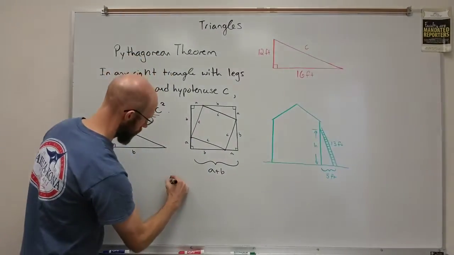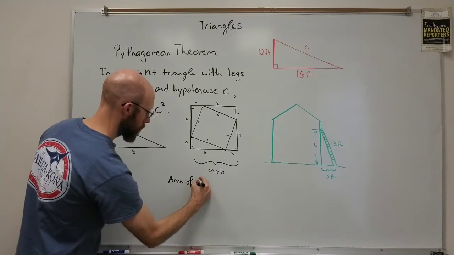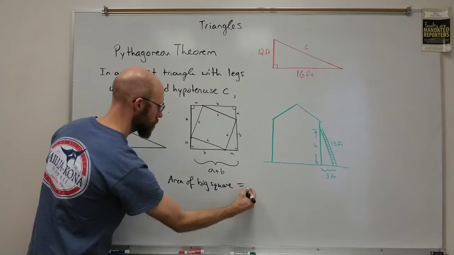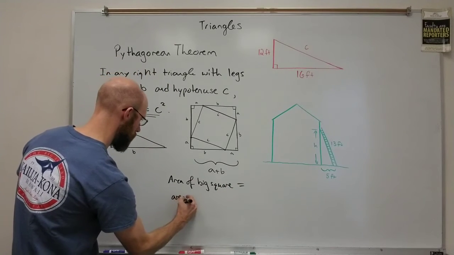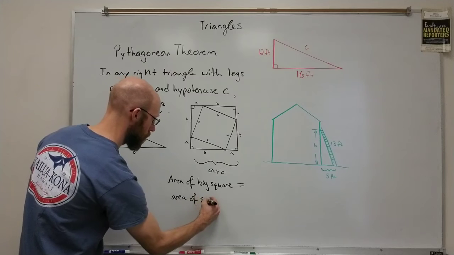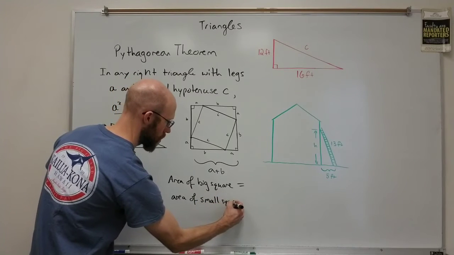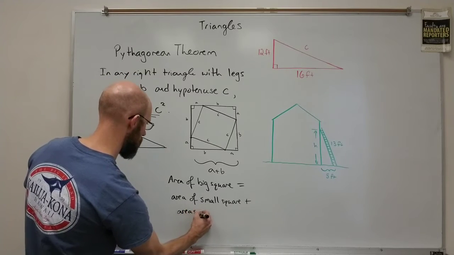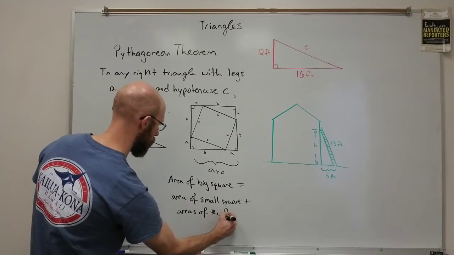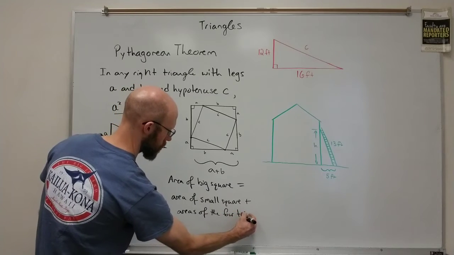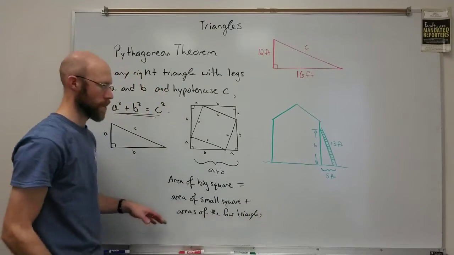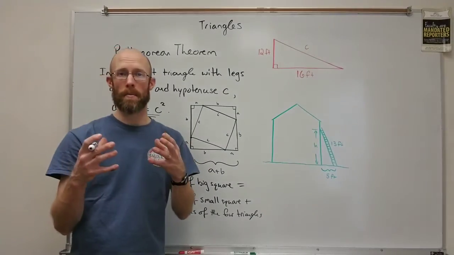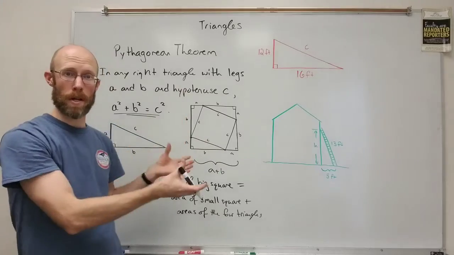You basically say the area of the big square is equal to the area of the small square plus the areas of the four triangles. Once we know the area formulas for each of those shapes, you can add them up and set them equal to the area of the big one.